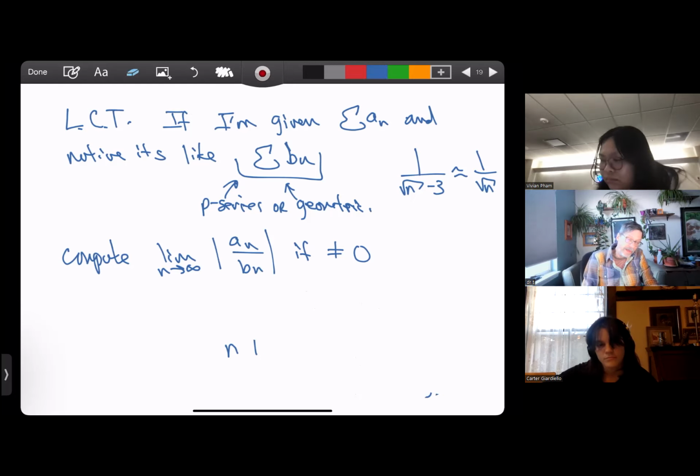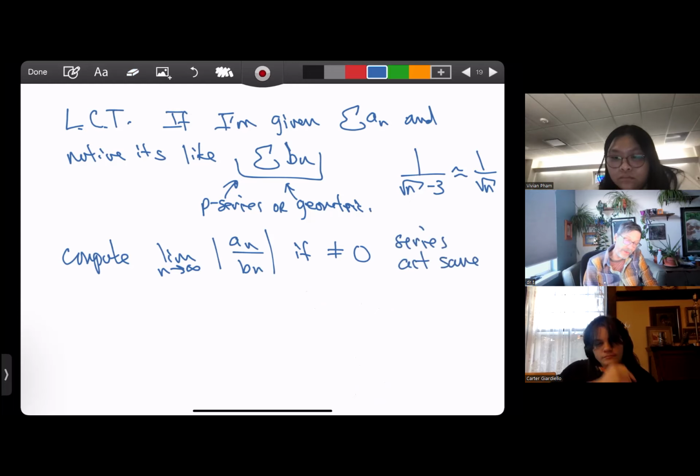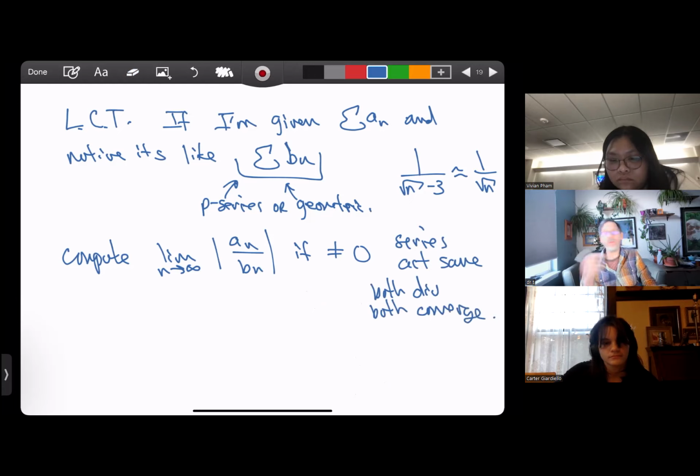If this limit is not equal to 0, then the series act the same. They either both diverge or they both converge. And you already know the answer because you picked the comparison series and it's something you understand completely.